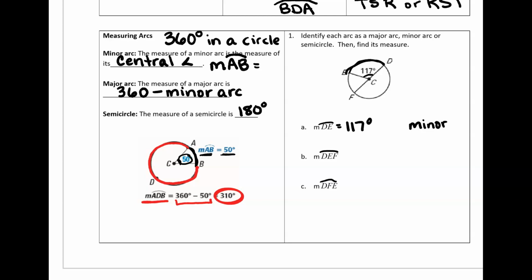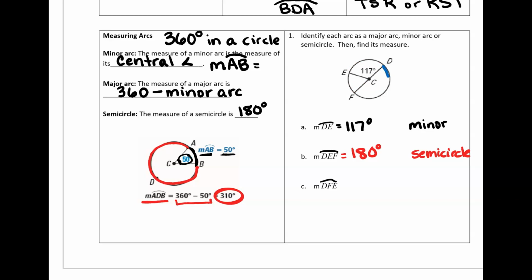Now, looking at DEF, so we're going to come all the way around here. You can clearly see in the diagram that that goes through the center, so FD is a diameter. So the measure of DEF, this is going to be a semicircle. Therefore, this is going to be 180 degrees. Now last, we have the measure of DFE.